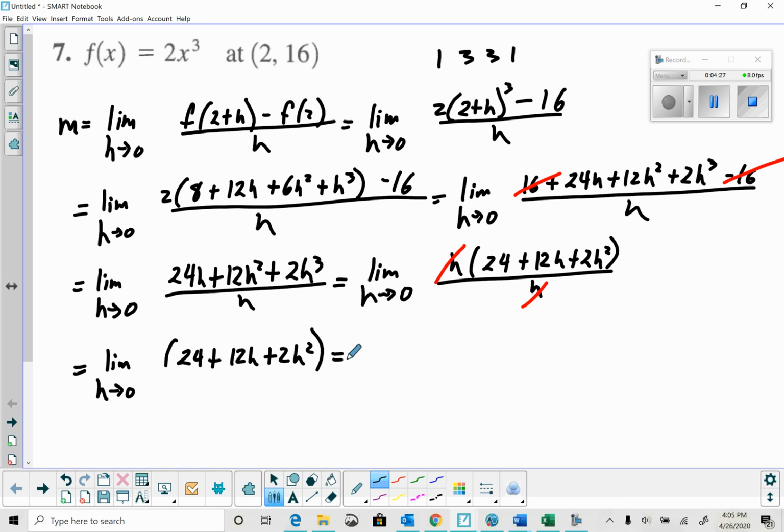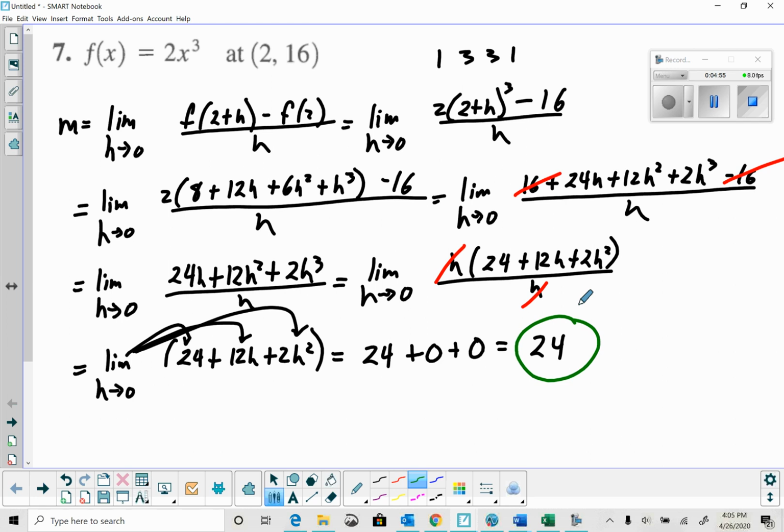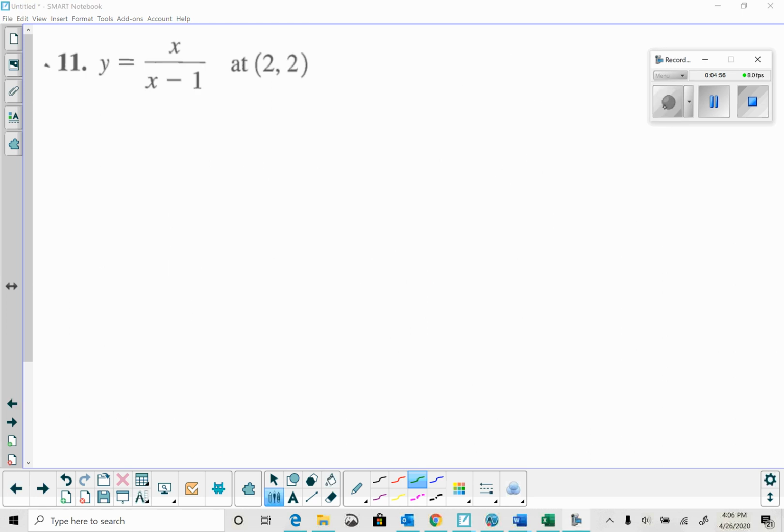Now that we no longer have the risk of a denominator of 0, we can go through with direct substitution. The limit as h approaches 0 of 24 is going to be 24. The limit of 12h is going to be 0, and that one's going to be 0. The slope of that tangent line is a whopping 24.